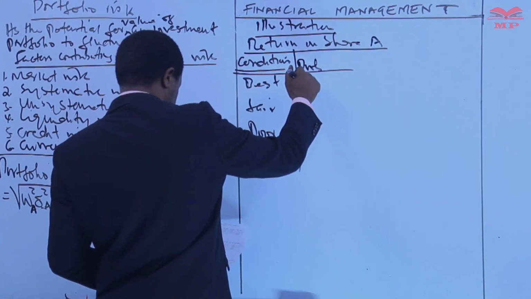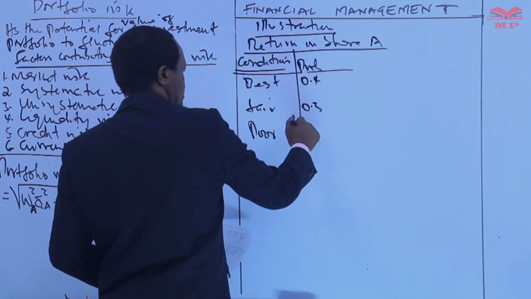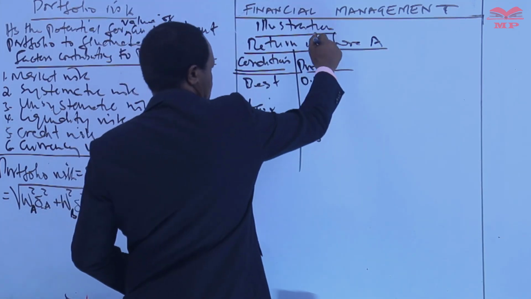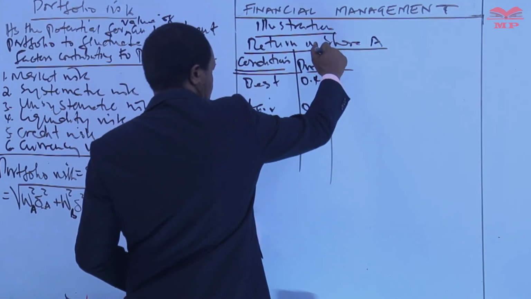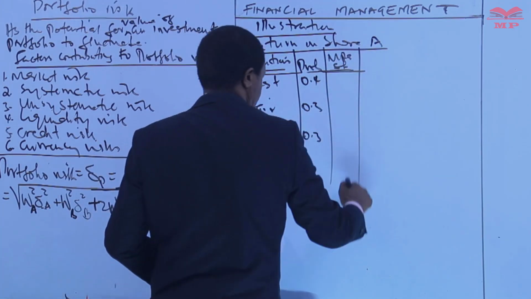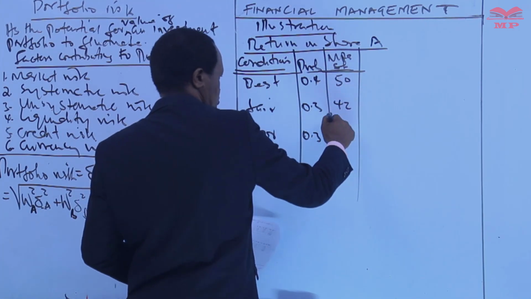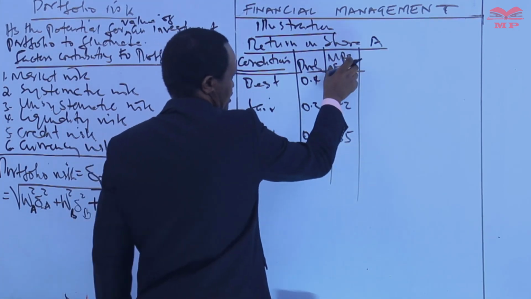When the economy is best, 0.4, 0.3, 0.3. Then we have the MPS in shillings: 50, 42, 35. These are shillings.